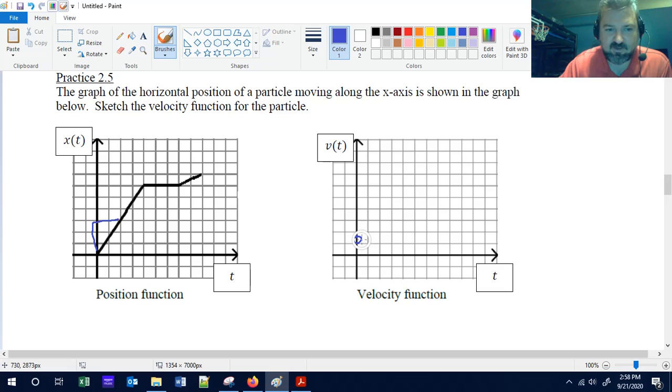And I'm going to go all the way over to 4. 1, 2, 3, 4. And then I'm going to put another open circle because this is not differentiable right here. It's a sharp cusp. We have a derivative of 0 for 1, 2, 3 units, so I'll hop down here and make it a derivative of 0 for 1, 2, 3. Then we're going to hop back up to 1 and a half for 2 units. So we'll go here for 2. And that's it.